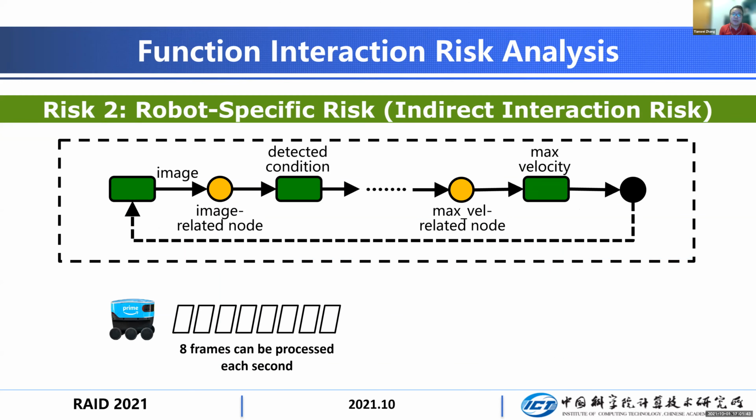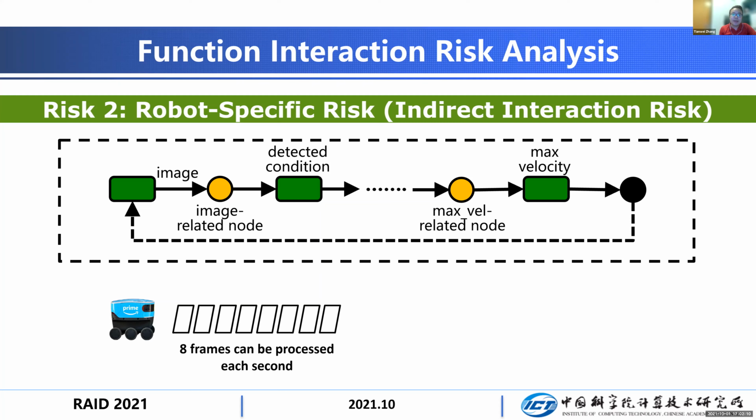The second risk we consider is called the robot-specific risk, which occurs in the indirect interaction. We call it robot-specific risk because it is caused by one of the robot-specific features, the mobility. Two nodes are involved in this risk, the two yellow nodes in this figure.